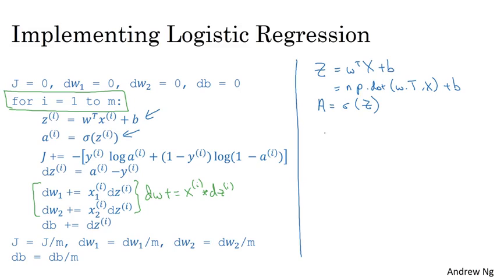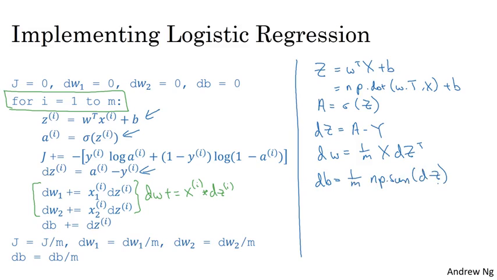Next, on the previous slide, we said you would compute dZ equals capital A minus capital Y. So now you computed all of this for all the values of i. Then finally, dw equals 1 over m times X dZ transpose, and db equals 1 over m of np.sum(dZ).